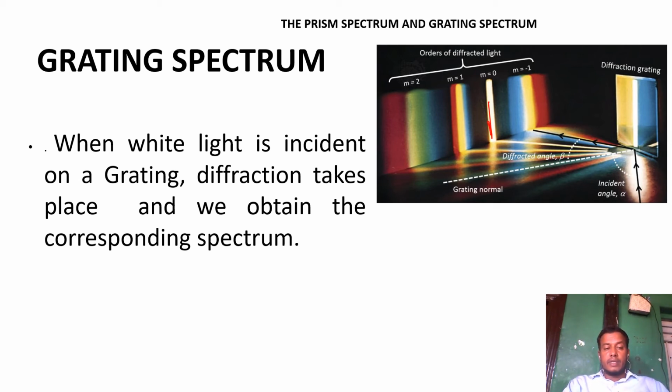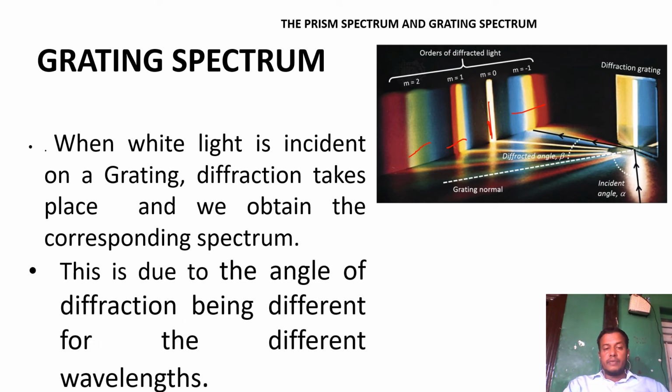On either side of it you see bands of colors, but the intensity goes on decreasing to the left and right. Why does this happen? The angle of diffraction is different for different wavelengths, hence they give a spectrum.